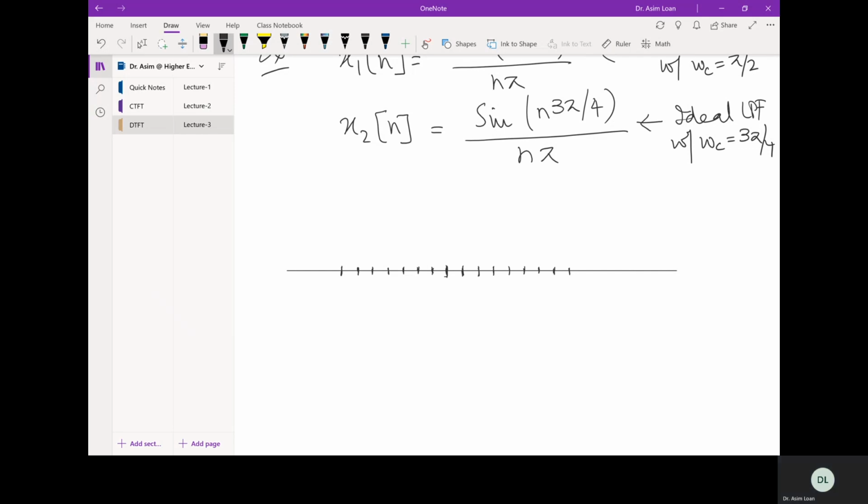And what I want to do is let me copy this one. I don't want to draw again.